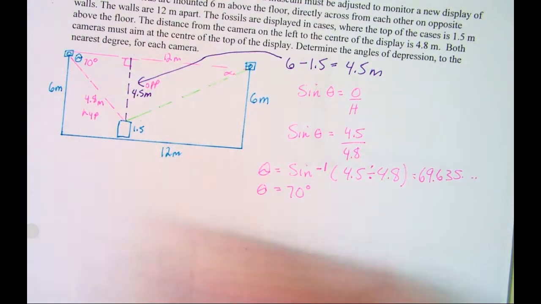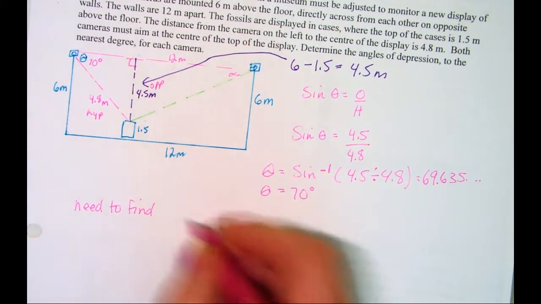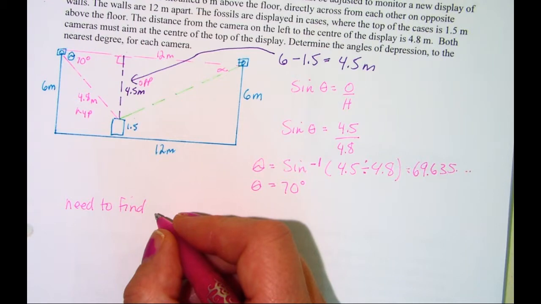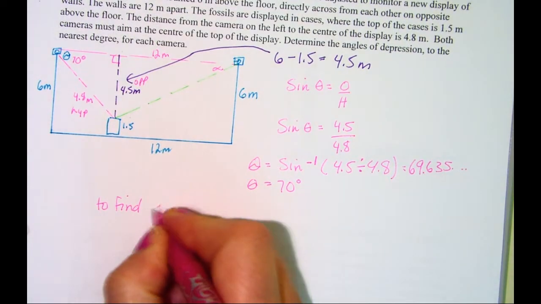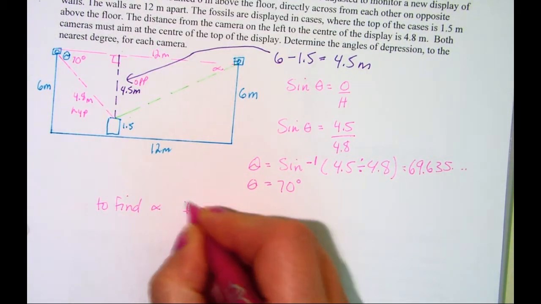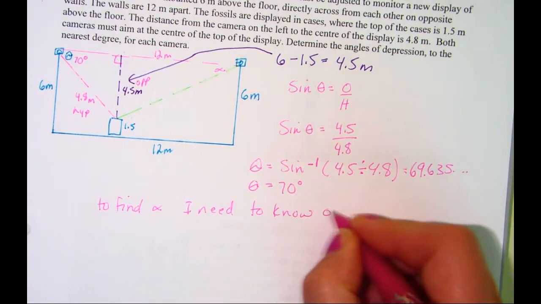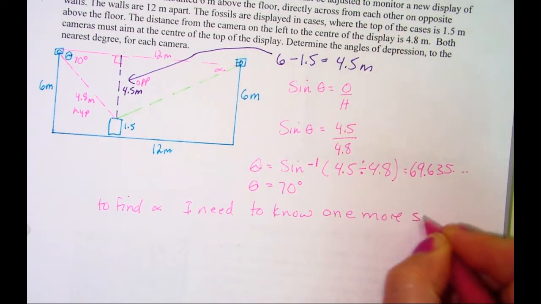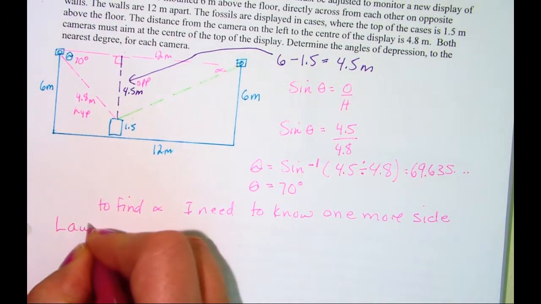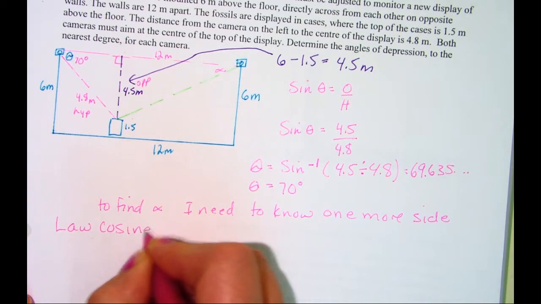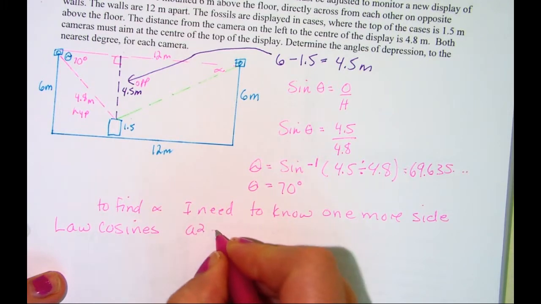So I was going to write out kind of our process here. I'm going to write that. So you use law of cosines, which we have a squared equals.